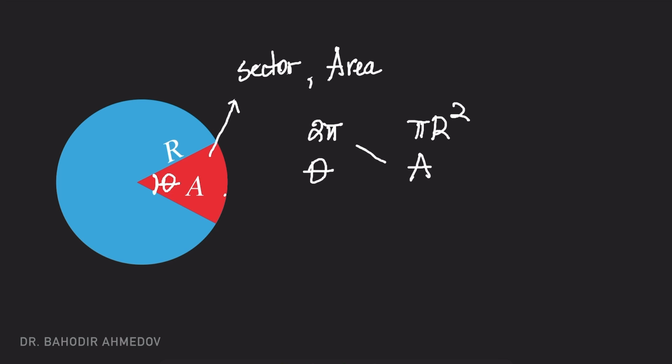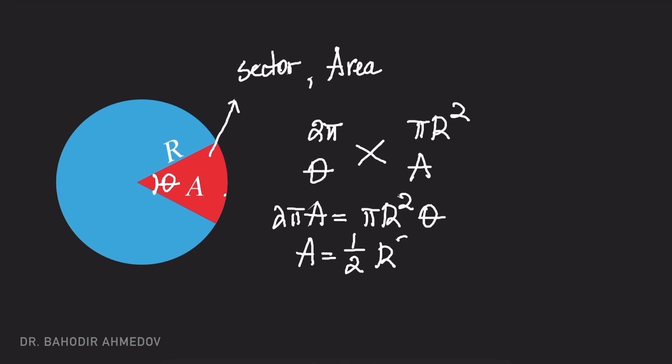I can find this by making proportions. So I need to find A from here. 2 pi A is equal to pi r squared theta. Then I can cancel out the pi's, and I can write down the area as 1 over 2 times the radius squared times theta.